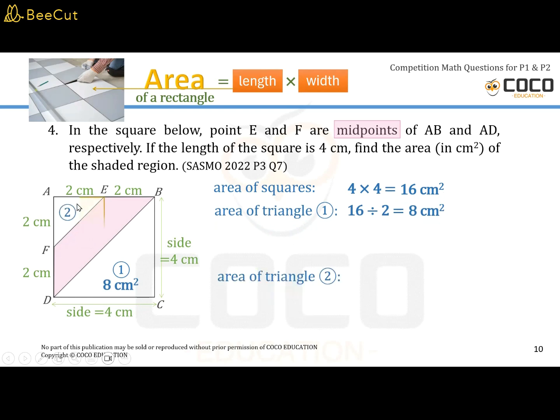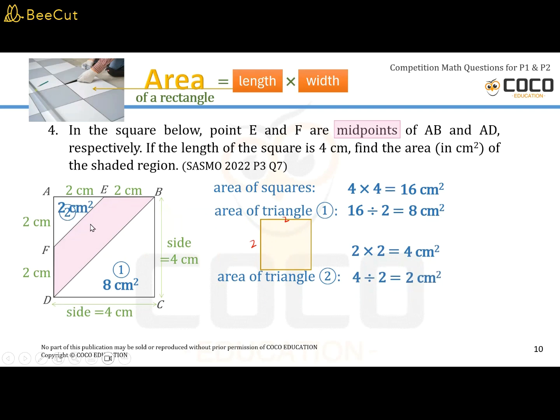This triangle is just half of such a square. This square has a side of 2. So the area of such a square is 2 times 2 equal 4. Then triangle is just half of it. So 4 divided by 2 equal 2. So we can find the triangle 2 has an area of 2.